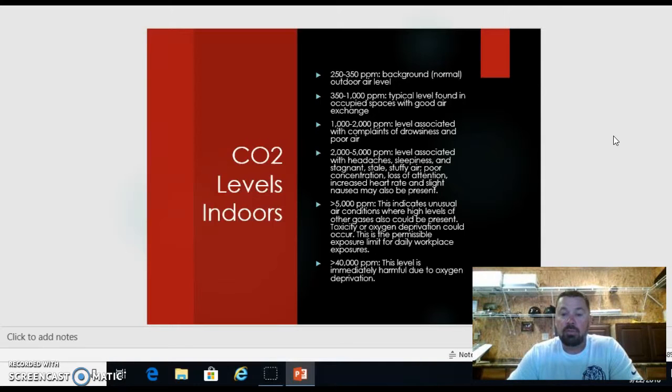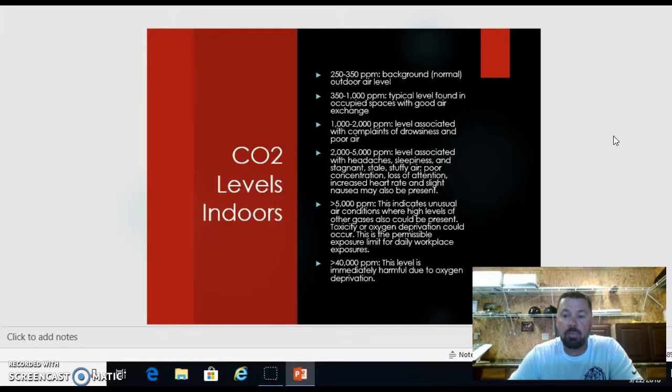From 2,000 to 5,000 parts per million, it's a level associated with headaches, sleepiness, stagnant, stale, stuffy air, poor concentration, loss of attention, increased heart rate, and slight nausea may also be present. Greater than 5,000 parts per million indicates unusual air conditions where high levels of other gases could also be present.